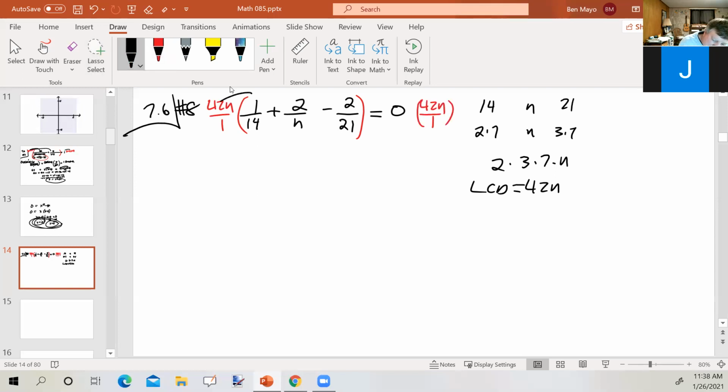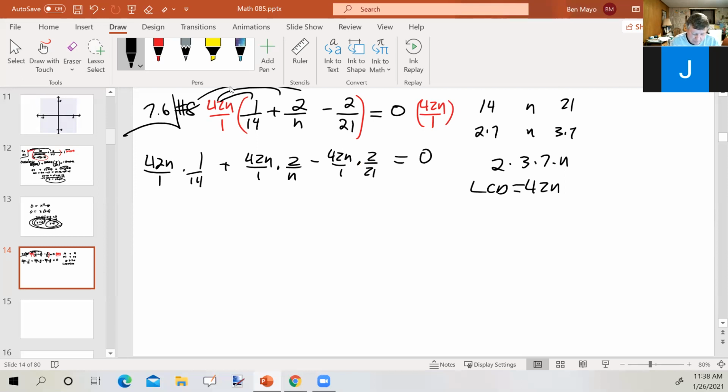On the left side, I get 42n times 1 over 14 plus 42n times 2 over n minus 42n times 2 over 21, and 0 times 42n is 0 on the right-hand side.